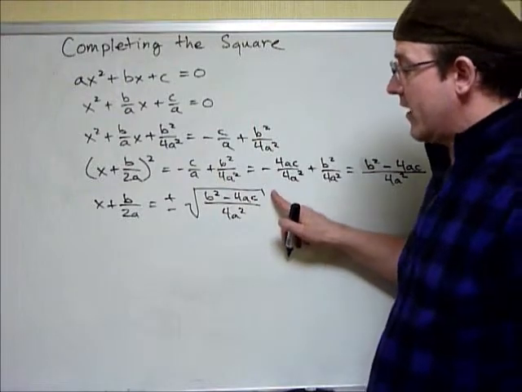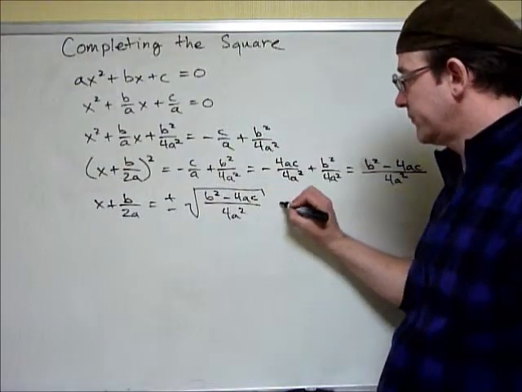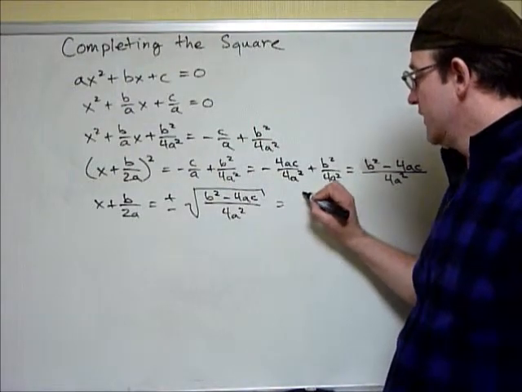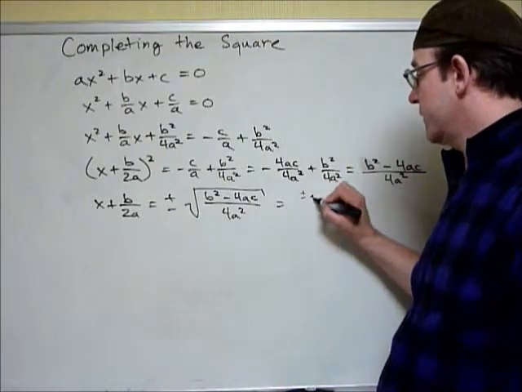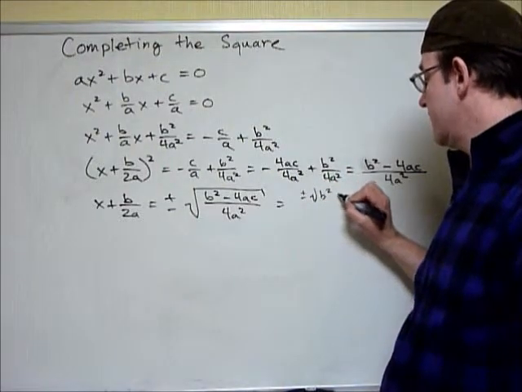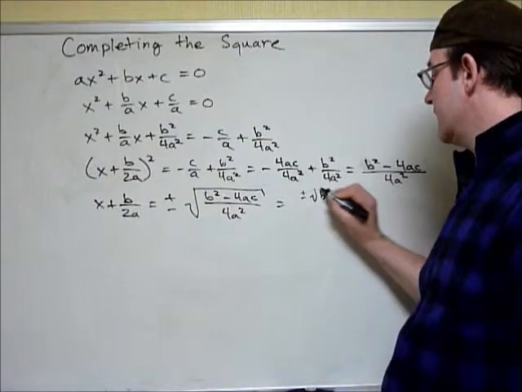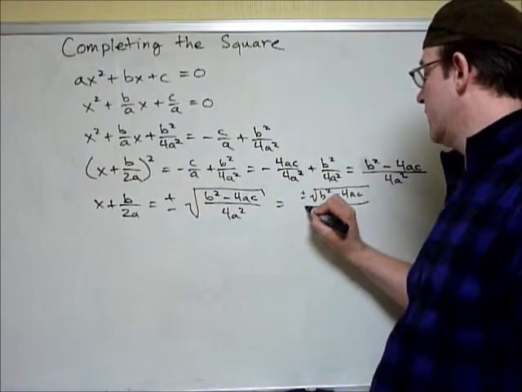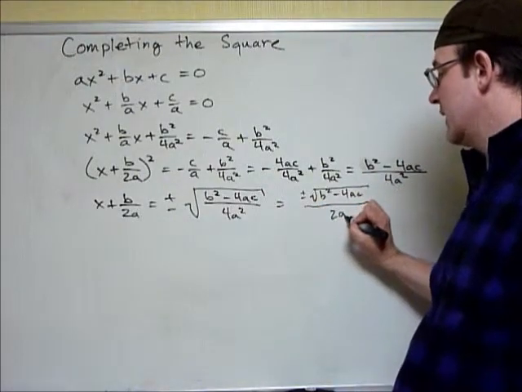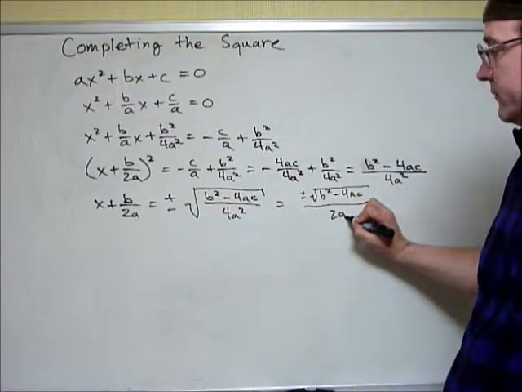So I can pull that out of my square root. Thusly, this is all equal to plus or minus the square root of b squared minus 4ac, all of that over 2a. Okay?